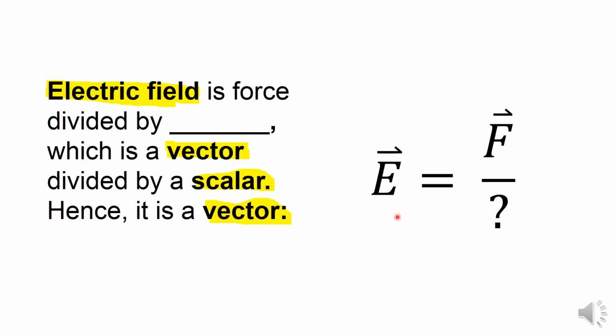Electric field is force divided by blank, which is a vector dividing by this missing scalar. Hence, it is a vector. So what's the missing divisor that yields a quotient of electric field?